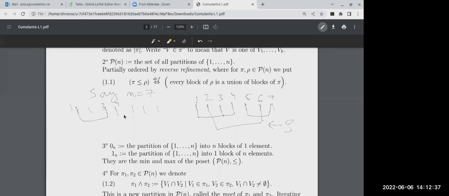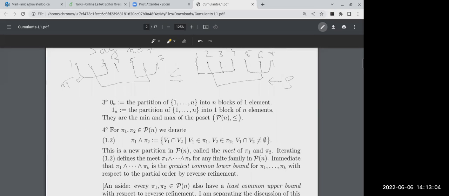And 5 and 7, I allow them to stay together. And 2 and 6, I also allow them to stay together. So here I just broke into pieces one of the blocks. So this is the fundamental partial order that we are using.